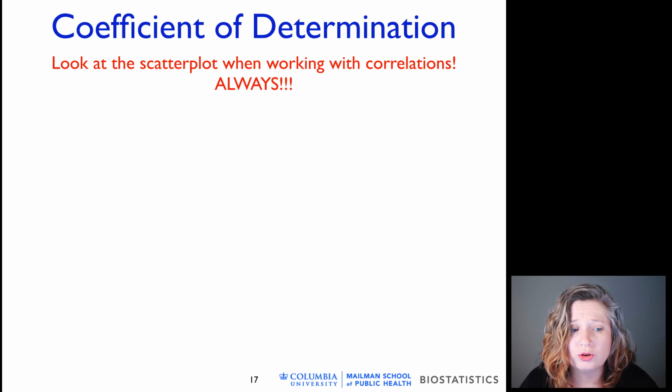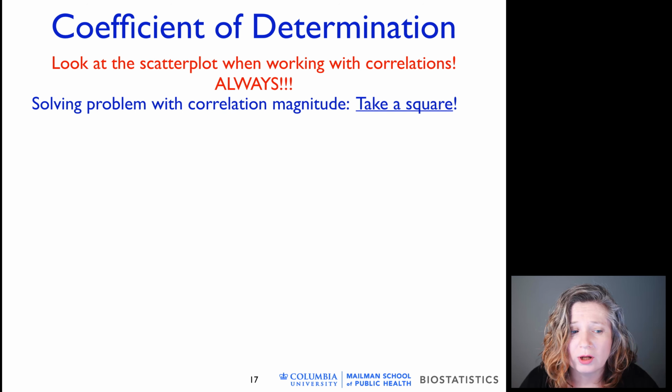So what to do about the correlation magnitude? The correlation magnitude can be misleading. And second of all, correlation has actually no interpretation. If correlation is 0.7, there is no way to interpret the number 0.7 besides saying that the correlation coefficient between x and y is 0.7.